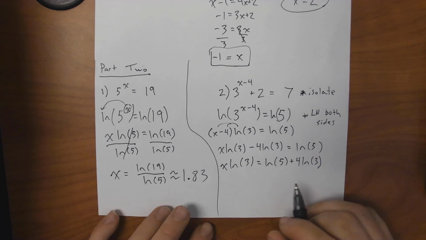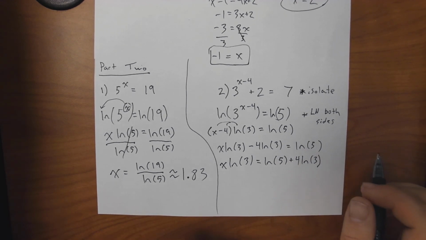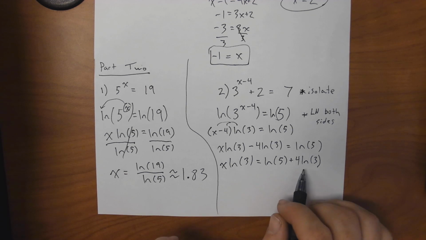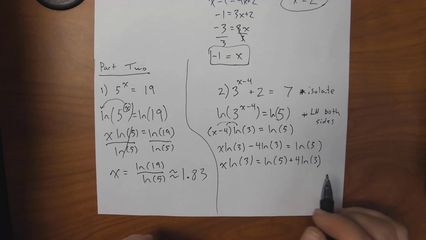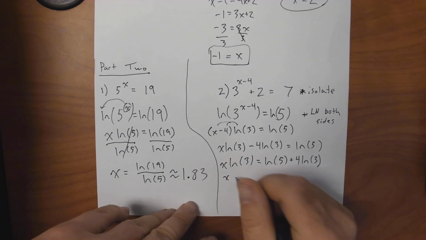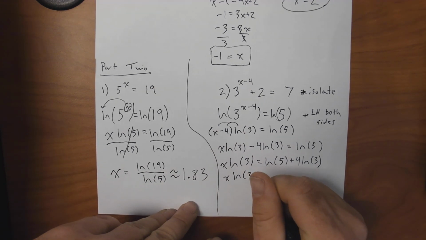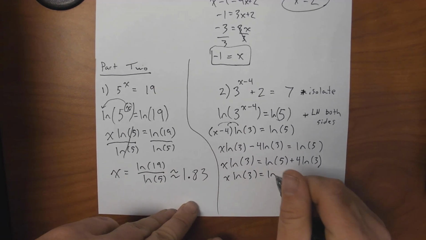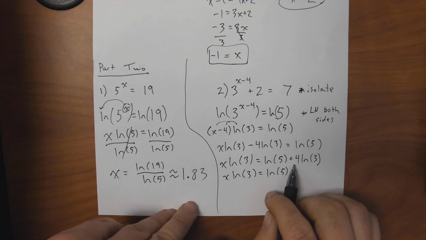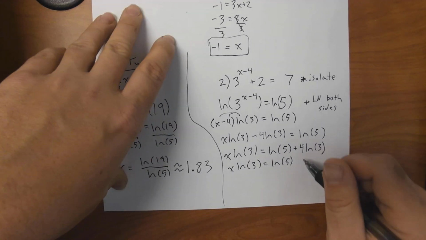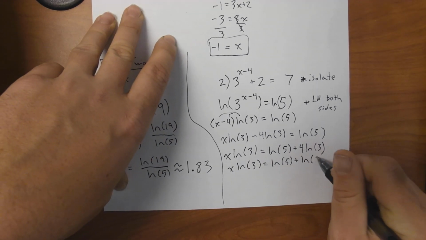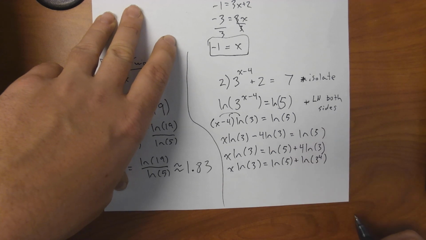Now remember last week we talked about combining logarithms. So we can combine logarithms that are being added together. Remember when you're combining logarithms, you're going to go ahead and pack that power in. So that's ln of 3 to the 4th.